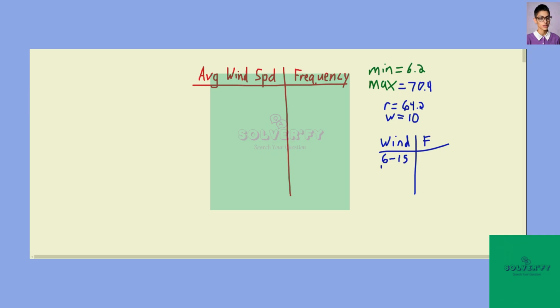Our second class would go from 16 to 25, and so on down to 66 to 75.